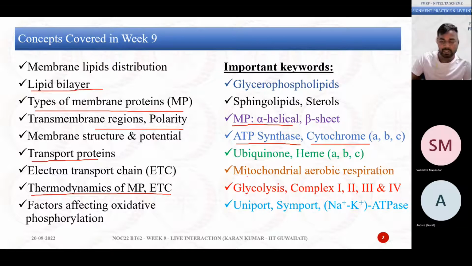You must have known that from earlier classes and basic biology in 10th standard. Why mitochondria is called the powerhouse of the cell, you will learn in this module. Then glycolysis, complex 1 to 4, uniport, symport, and Na+ ATPase. You will come across these terms in this module.